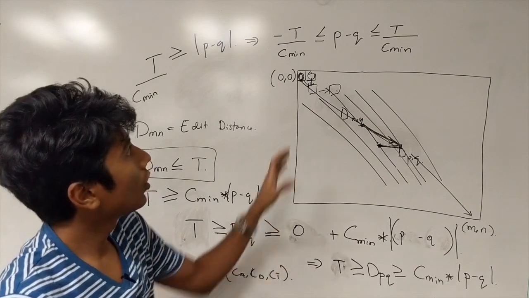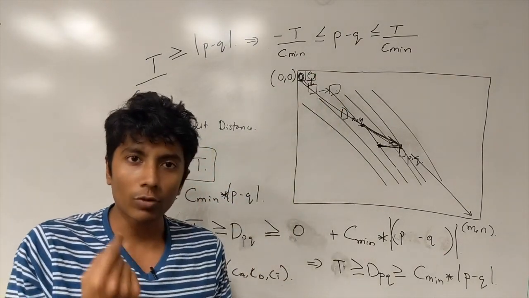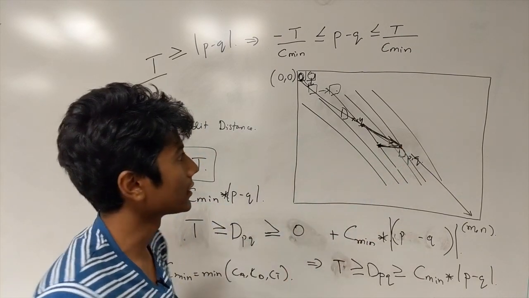Okay, so what is this giving us? P minus q can be thought of as a diagonal, right? It's the diagonal where this point exists.